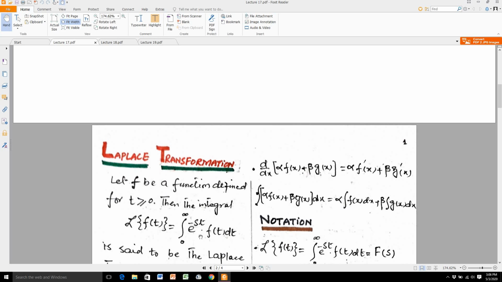I repeat this: the product of the exponential and real time function is integrated from 0 to infinity with respect to t. This is also called the definition of the Laplace transformation.